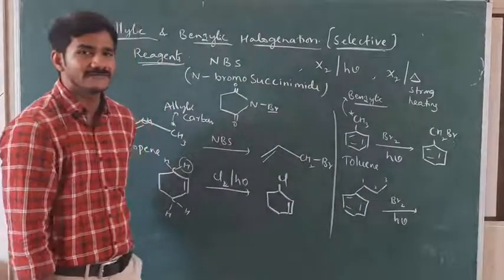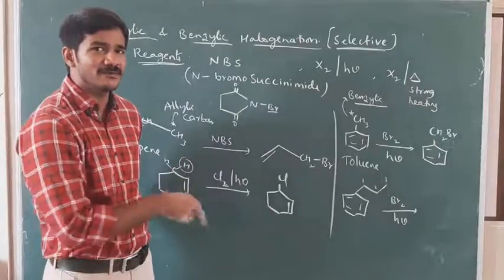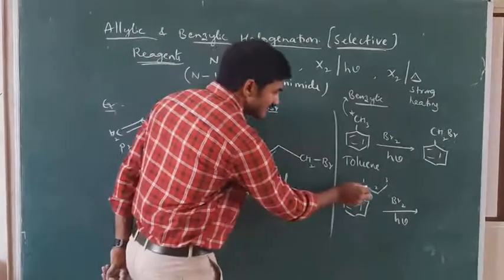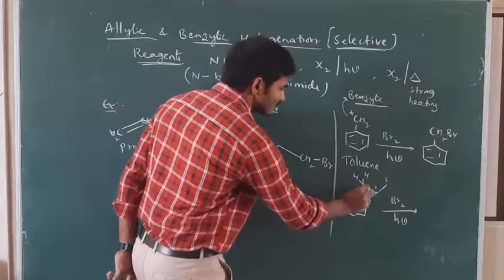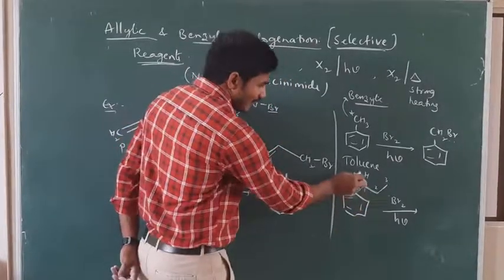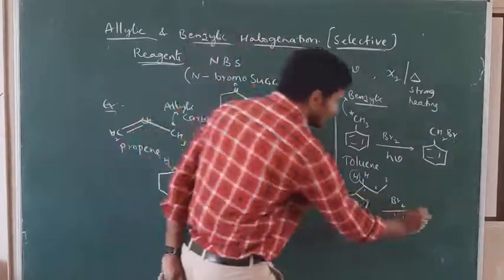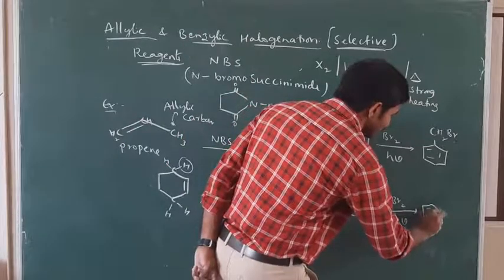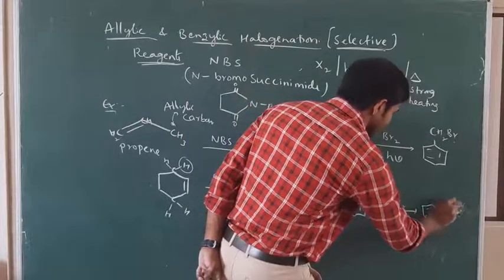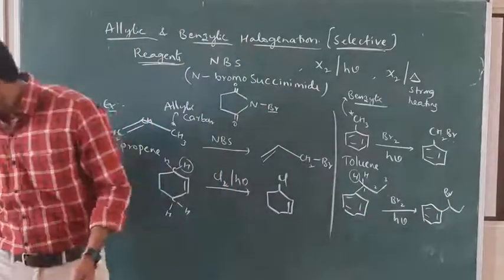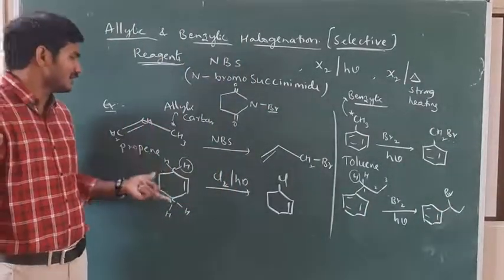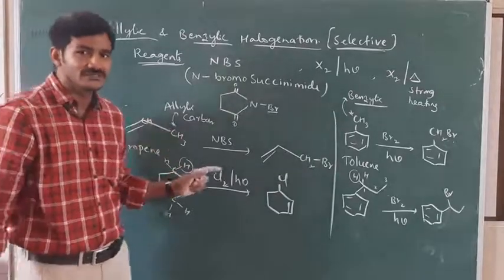The carbon which is directly bonded to benzene. This carbon is benzylic. It has 2 hydrogens, so 1 hydrogen you can substitute with 1 bromine.